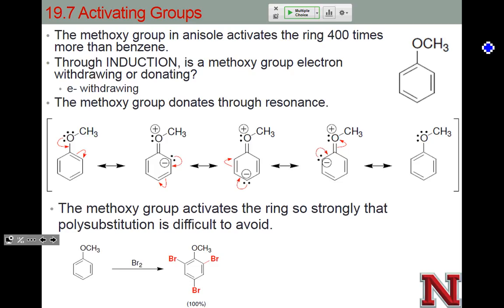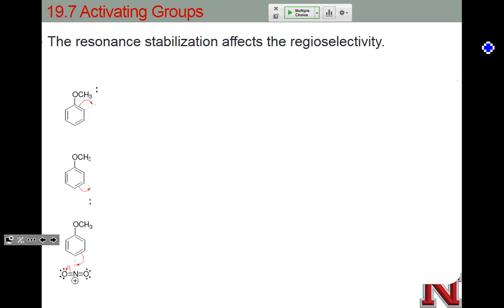If we control our conditions, we can get mostly para based on sterics, but you have to be really careful with stronger electron donating groups. But they are ortho-para directors. Again, let's look at those resonance structures to understand why. They're even stronger ortho-para directors than our electron donating groups through induction.